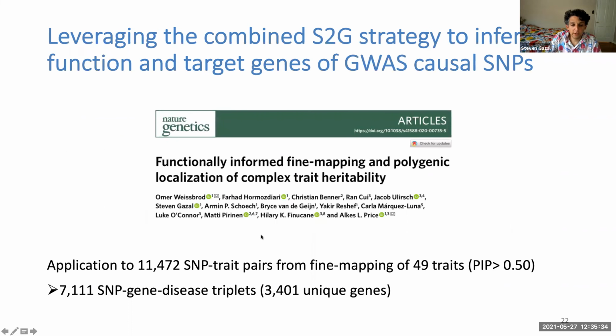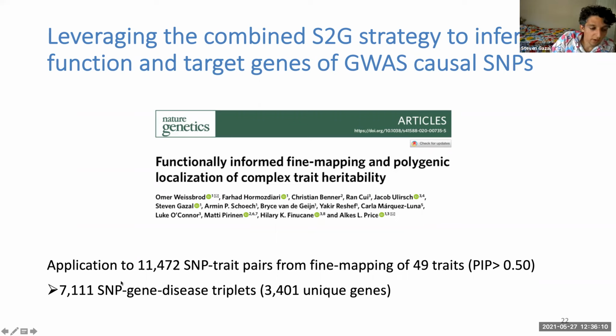Okay, so all this work is some kind of follow-up analysis of this paper, which is a fine mapping method paper that I've contributed to. Basically, in this paper, we developed a fine mapping algorithm and ran it on 50 UK Biobank traits. We were able to get more than 10,000 SNP-trait pairs for which we were pretty confident about the causal variants.